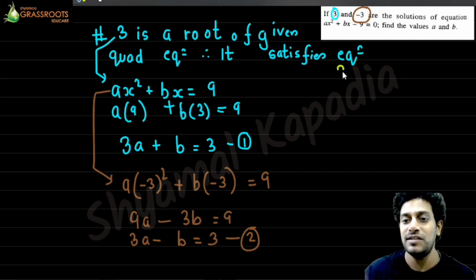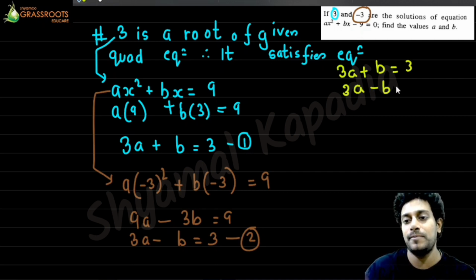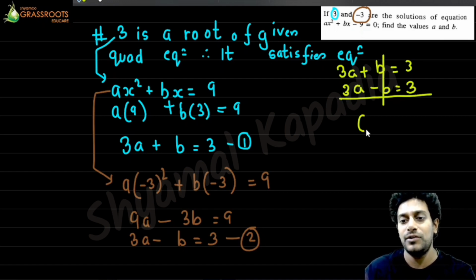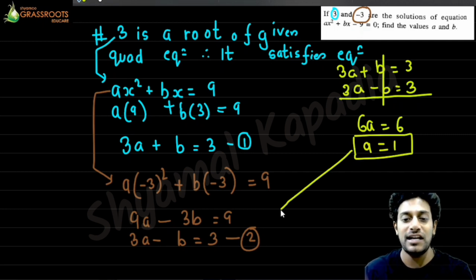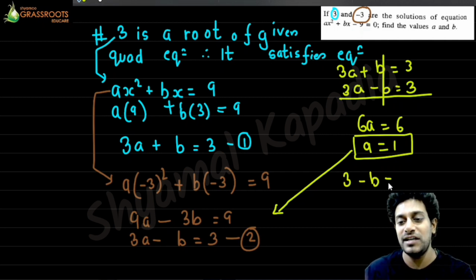3a plus b is 3 and 3a minus b is also 3. Cut. You get 6a is equal to 6. a is 1. अच्छा, a का value just substitute out here. So you get 3 into a, which is 3, minus b is 3, shift it, b is equal to 0.